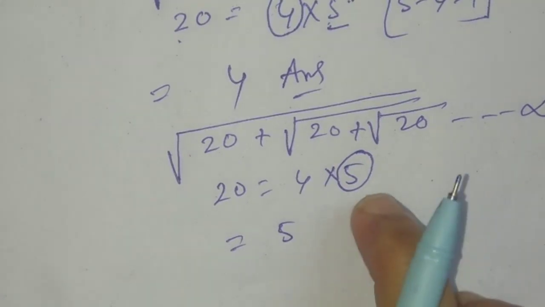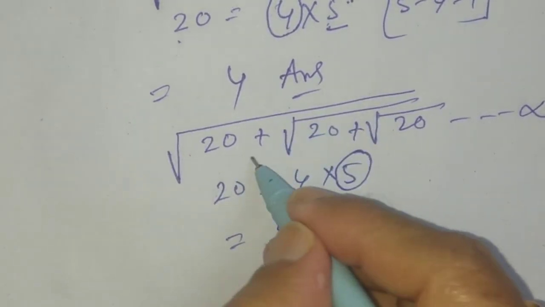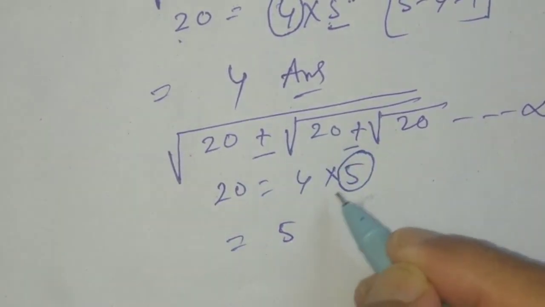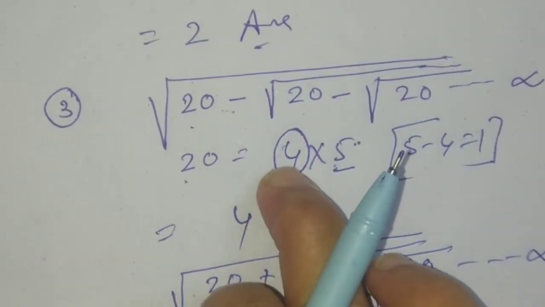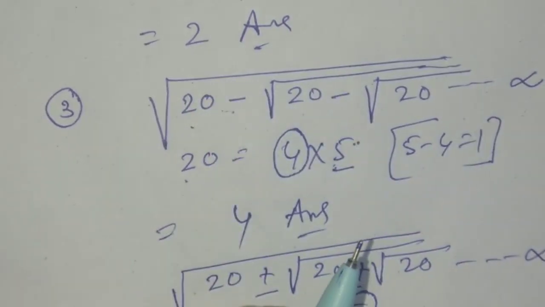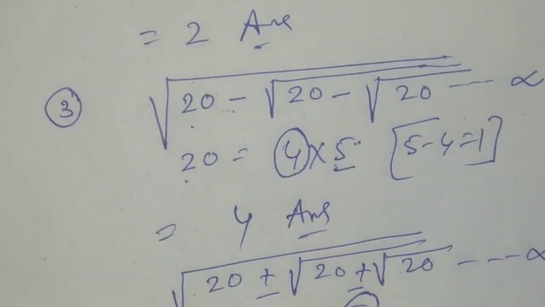If all are positive, then the answer is 5, and if all are negative, the answer is 4. Clear? This is one pattern. I will show the next pattern. Type 3.